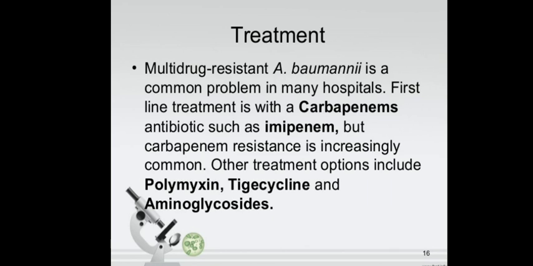So, other antibiotics are also used as a treatment, such as polymyxin, tigecycline, or aminoglycosides, which are used for the treatment of infection caused by Acinetobacter baumannii.